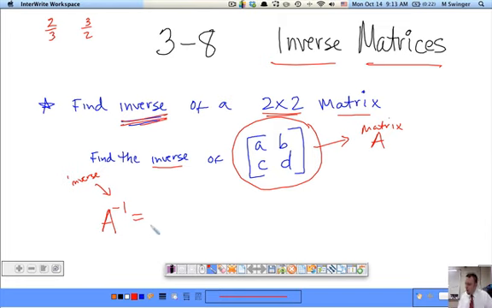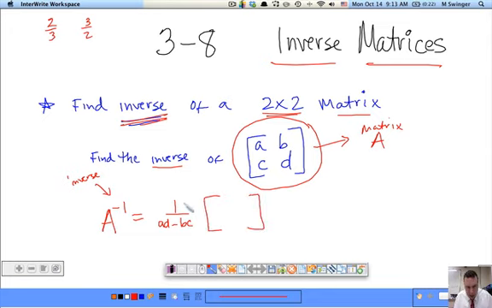The inverse of A is equal to 1 divided by AD minus BC. You know what that is? AD minus BC. That's the determinant of this matrix right here. Basically 1 over the determinant of A, times a new matrix.